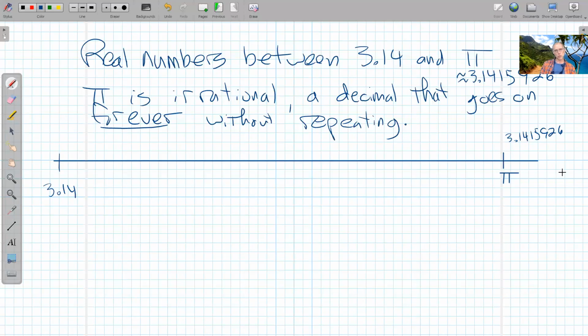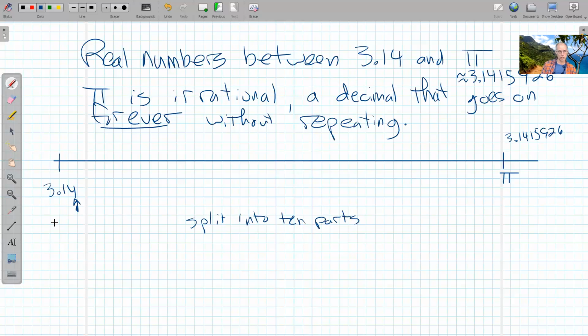So one easy way to do it is to split this into tenths maybe, ten parts between here and here. So if this is the nearest hundredths, then that means I would want to use thousandths. So I want to count by thousandths up to pi.